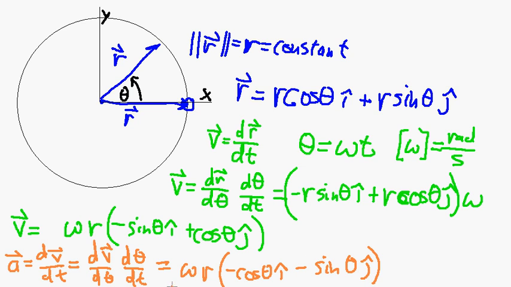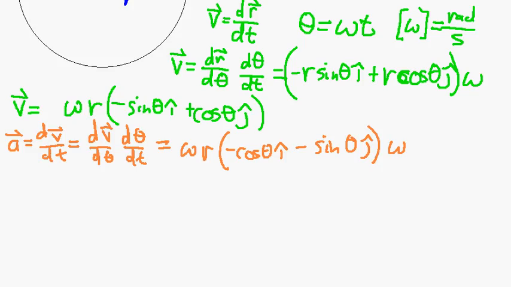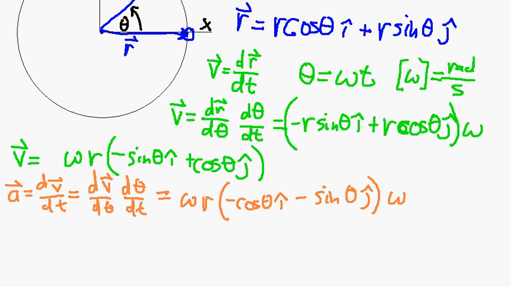So this gives us a equals omega squared r times negative cosine theta i hat minus sine theta j hat.